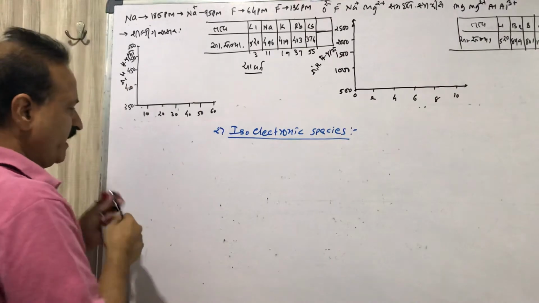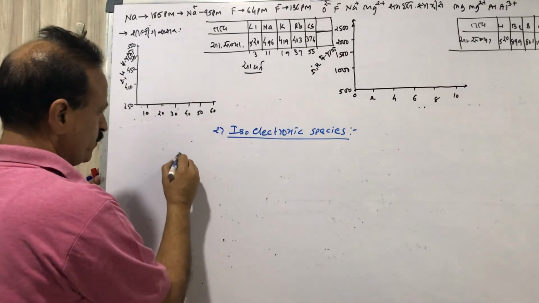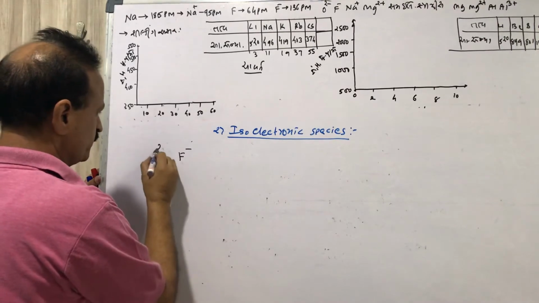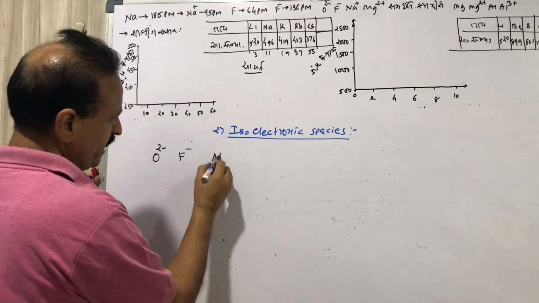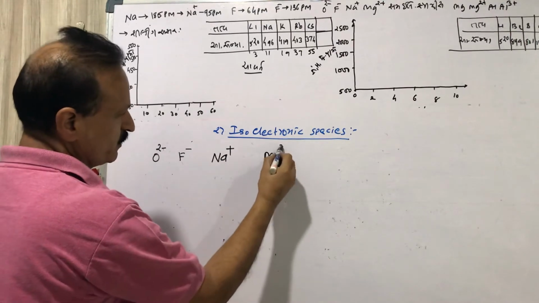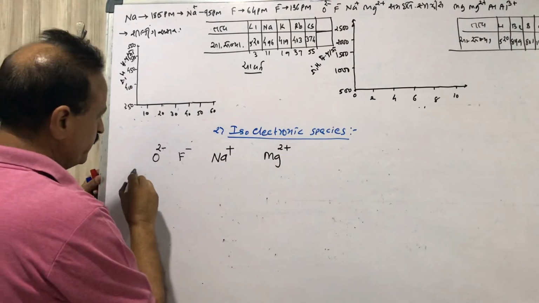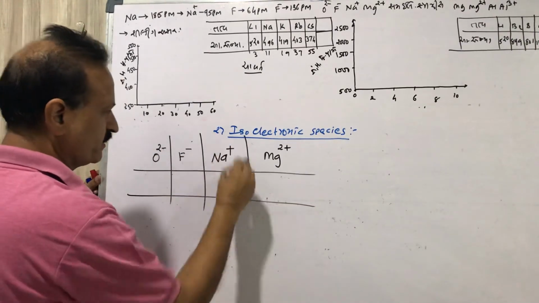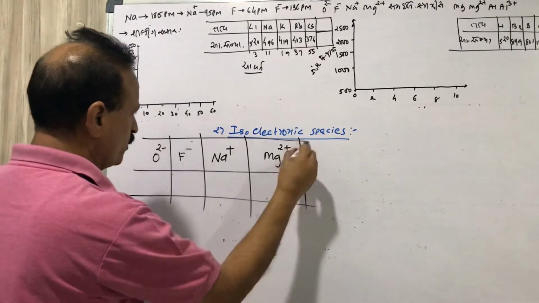Suppose we have fluoride minus, oxygen 2 minus, sodium plus, and magnesium 2 plus. Let's see how many protons and electrons are present in these 4 ions.